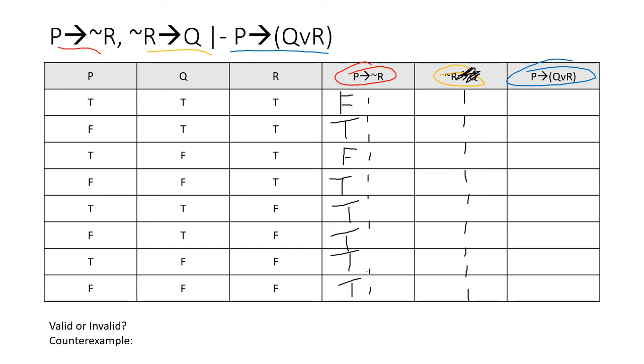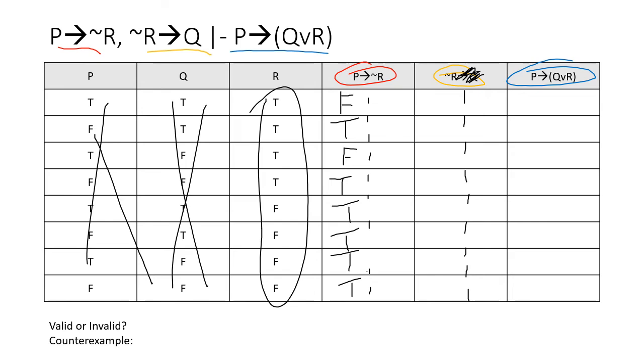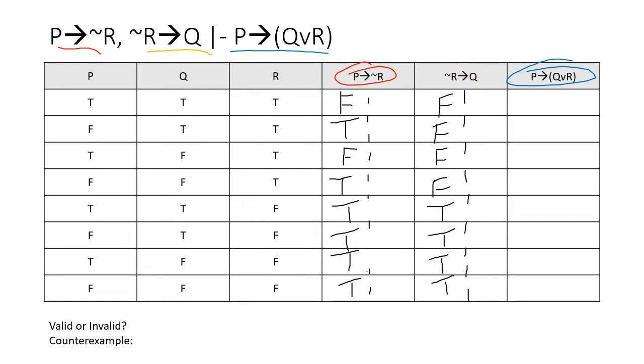We'll ignore the arrow Q. And so what we're going to do is the same thing as before. We're just going to take the values of R and flip them over. So T's will become F's and F's will become T's, just like before. Get rid of those.